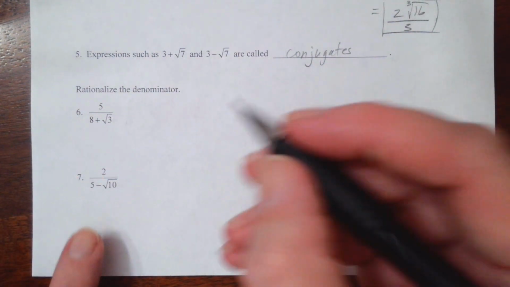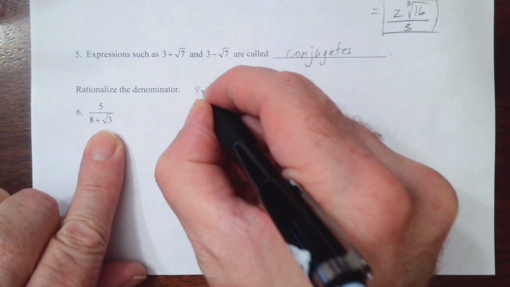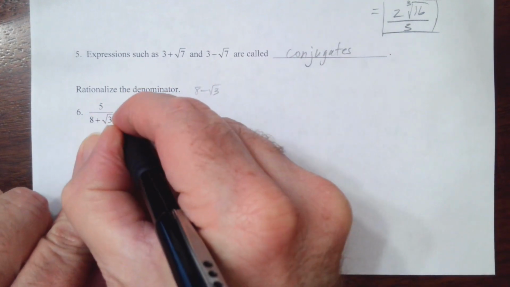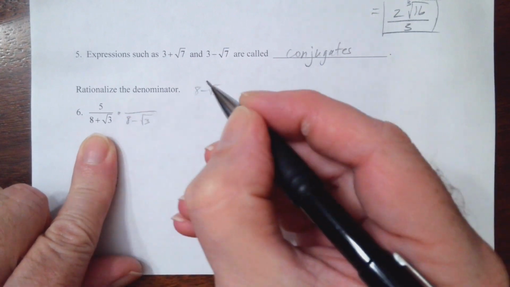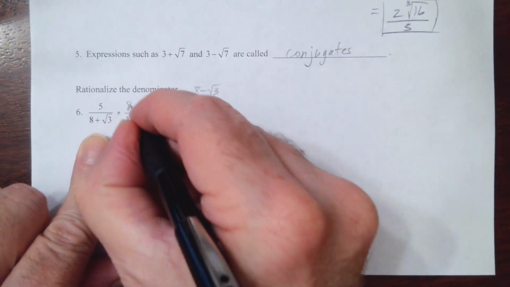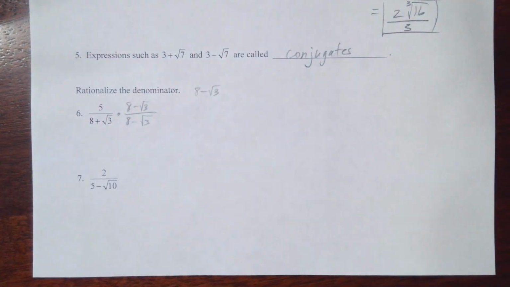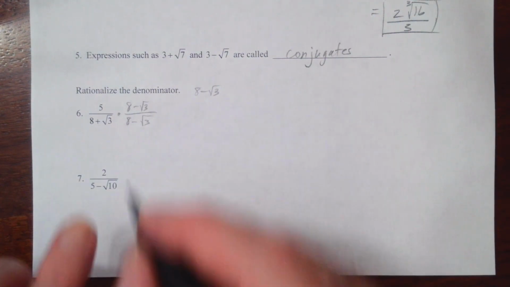The conjugate, first of all, here is 8 minus the square root of 3, and that's what we want to multiply the denominator by. Now, if we do that in the denominator, we have to do it in the numerator to make it legal. So again, we're basically multiplying by 1, or something that's equal to 1.